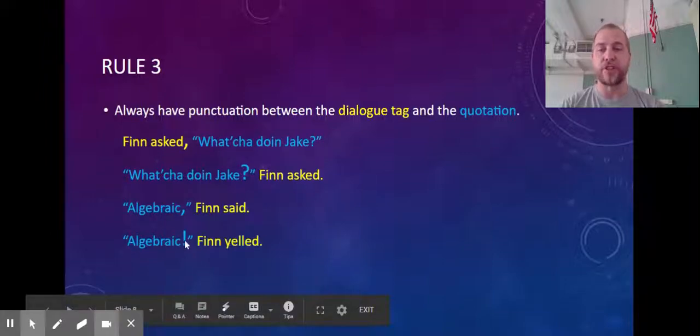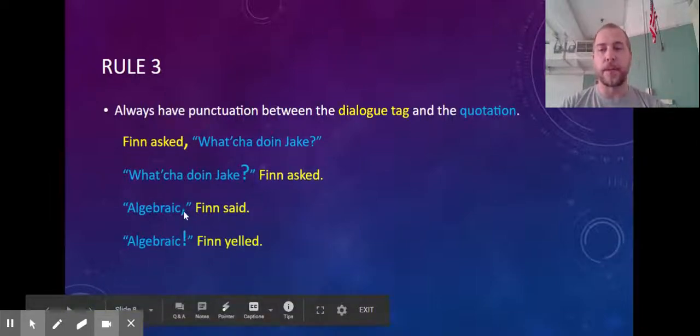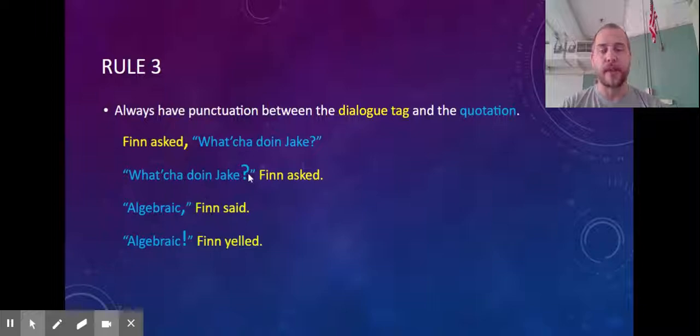And if it's an exclamation, you'll use an exclamation point. There's a few more pieces of advanced punctuation that I'll talk about later, but these 3 are going to be what you use most of the time. In fact, it'll usually either be a question mark or a comma that you're going to put between the dialogue tag and the quotation. So rule 3, always put some form of punctuation between the dialogue tag and the quotation.